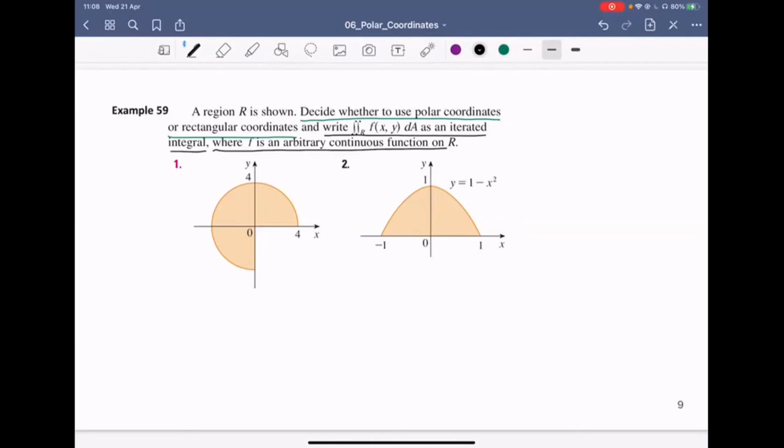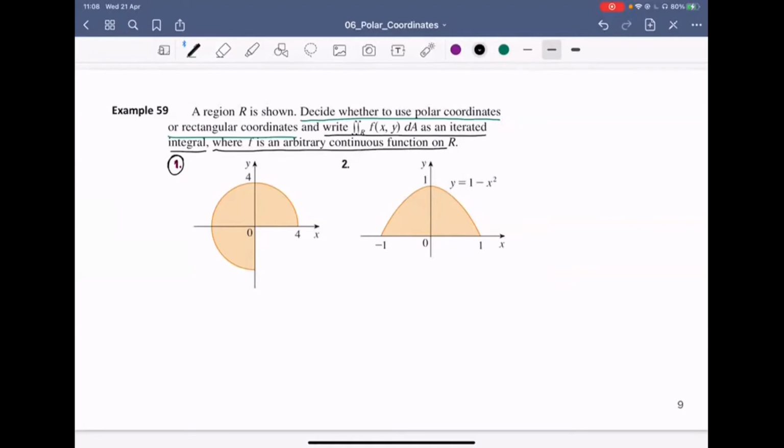Number one, do you want to use rectangular or polar coordinates? In the chat, please. Polar, right? Some of you said polar pretty quickly. Yes, polar. Everyone agrees? Polar coordinates.